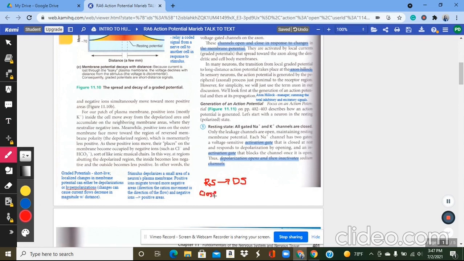Sorry if this is not really neat, I'm using a mouse to write this down, but hopefully it's understandable. So from the resting state, the channels are closed, but once it depolarizes, the channels will be open.